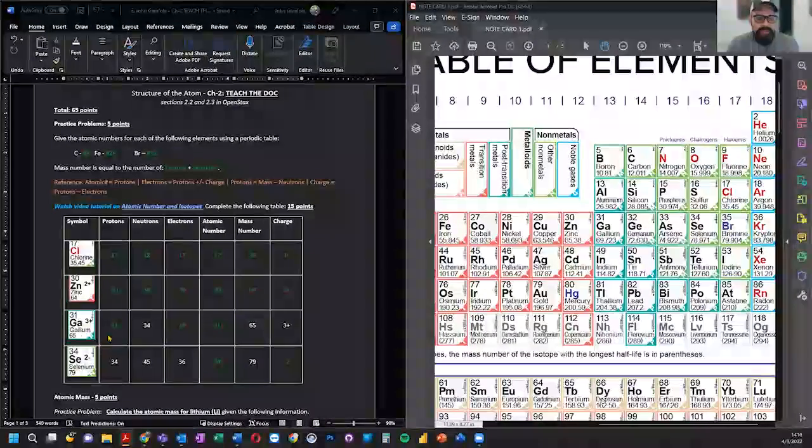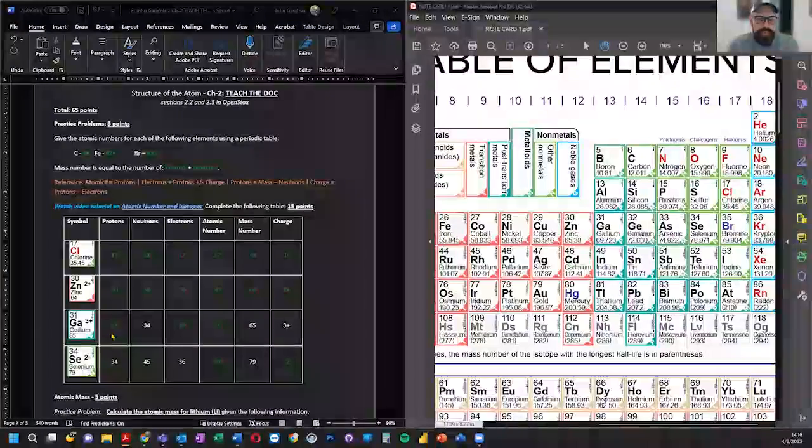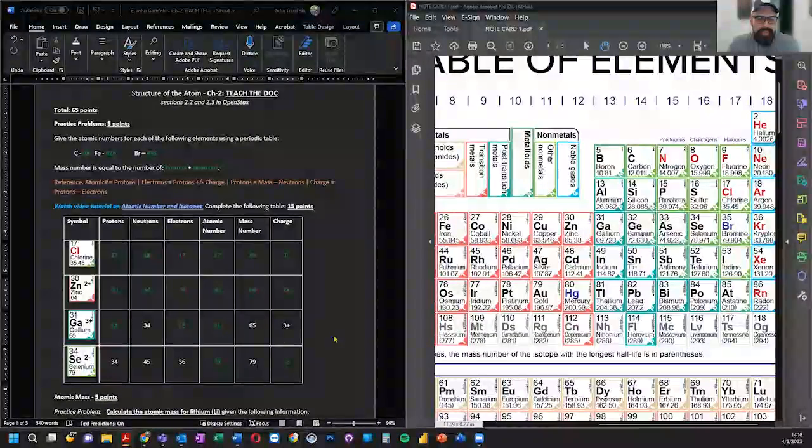So we know we're dealing with gallium, and we know that we've got 31 protons. Knowing that we've got a +3 charge, we subtract 3 from the number of protons to get to our electrons. There's 28. So the resultant would be, if I were to write this out in a similar structure as the professor did in the first 2 lines, it would be 65 over 31 Ga with 3 plus.